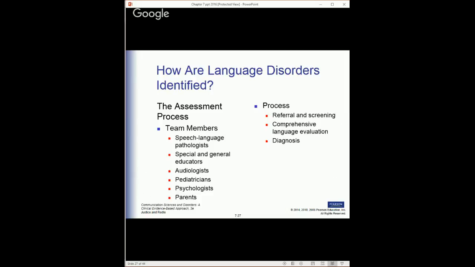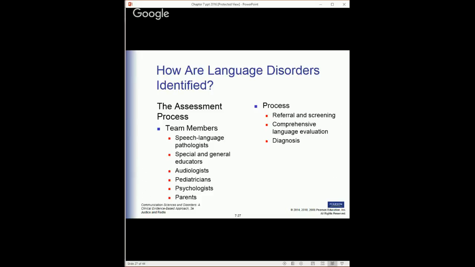Then following that screening process, if it is deemed that further assessment needs to be done, a comprehensive language evaluation will determine whether a language disorder is present. The evaluation develops a profile of linguistic strengths and weaknesses and identifies supports needed to improve language skills across affected areas.